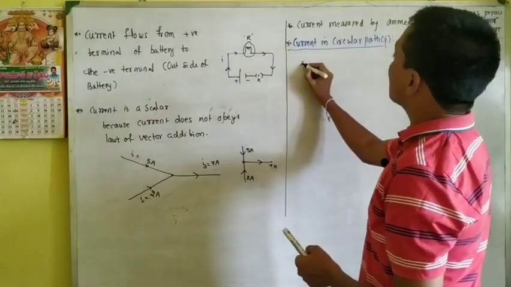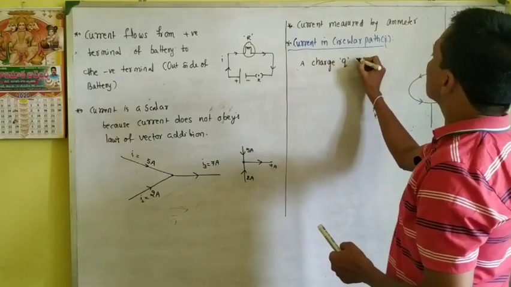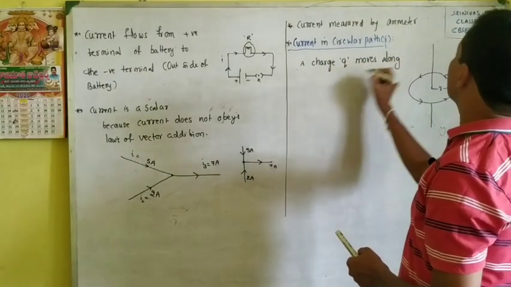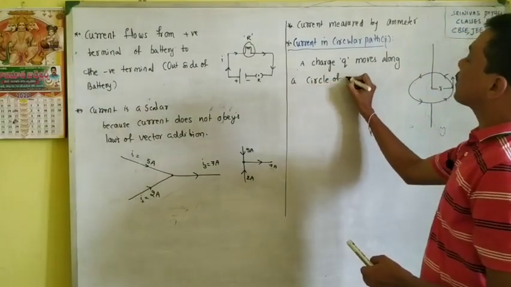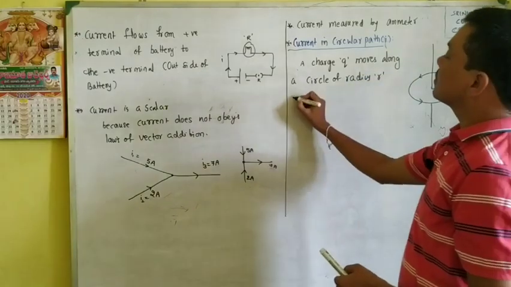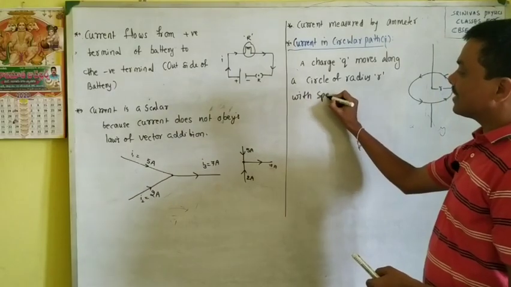A charge Q moves along a circle of radius r with speed v.